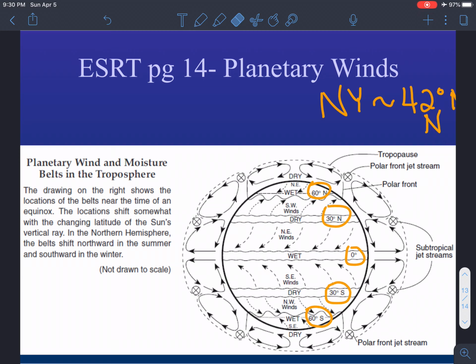So that means it would be somewhere along here. And again, that goes to show that we have southwest winds, meaning that they move from the southwest towards the northeast. So all of our storms would track in that particular direction.